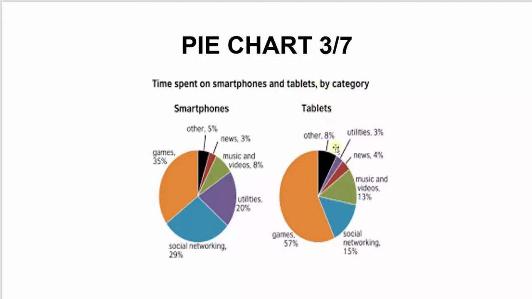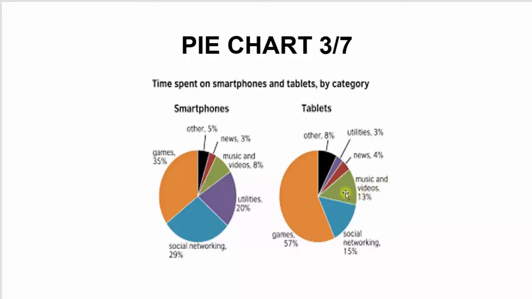And if you remember in my earlier video about the IELTS writing overview, you are supposed to talk about the major and the important details in the visuals. You can see that in the smartphone, most of the greater percentage is occupied by games and social networking, whilst that of tablets, a little over 50% or half, is occupied by games, and the others we have utility, social networking, music, and videos.